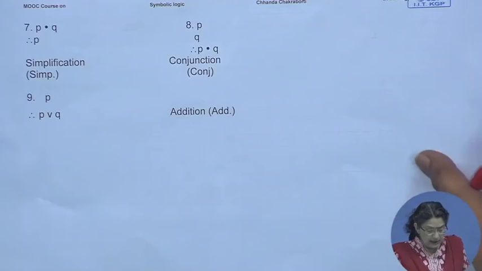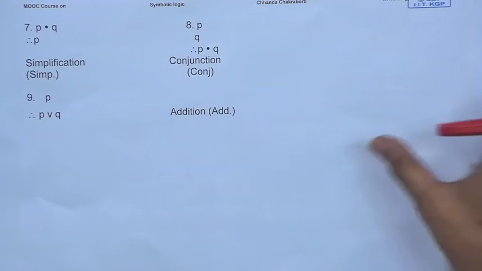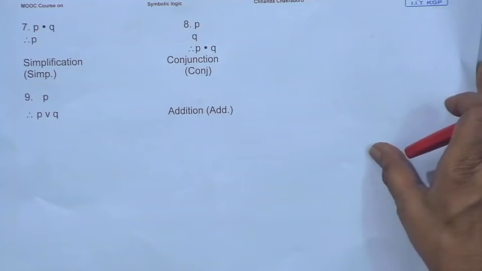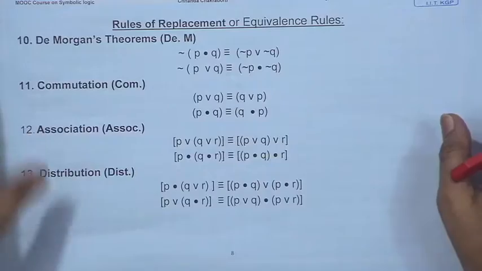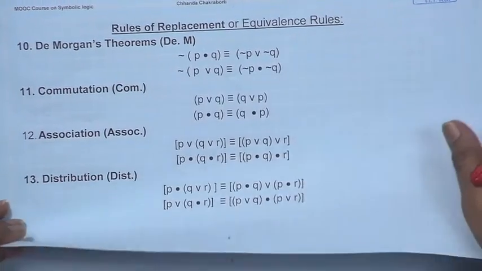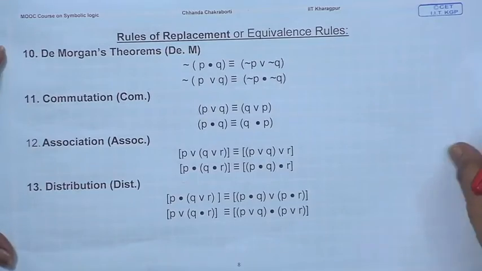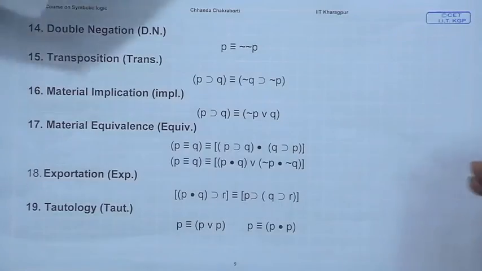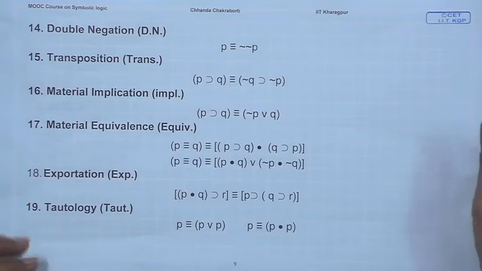So, these were our first 9 rules of inference, and then we have the rules of replacement. How many rules of replacement? We have 10, this 4 plus this 6. So, altogether we have 19 rules at our disposal.